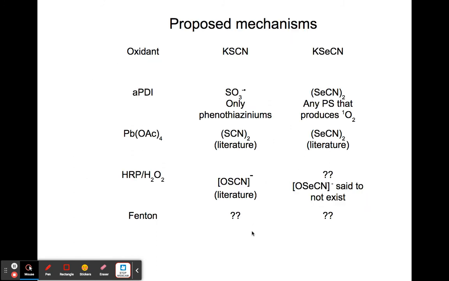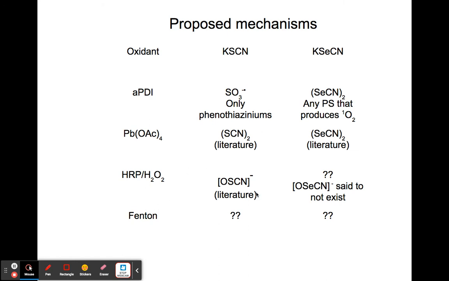So the proposed mechanisms: thiocyanate, sulfur trioxide radical anion, but only with phenothiazinium dyes. With selenocyanate, we think we get selenocyanogen, with any photosensitizer that produces singlet oxygen. Lead tetraacetate is a literature prep for both thiocyanogen and selenocyanogen.